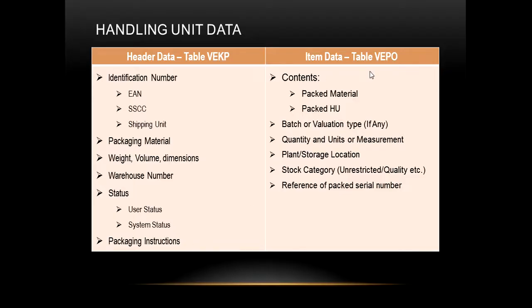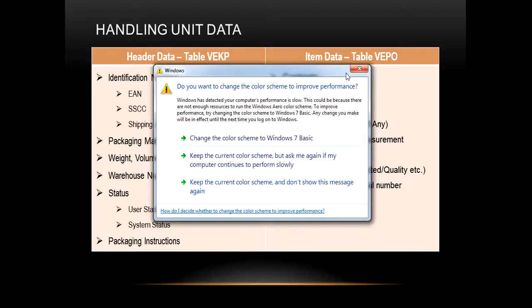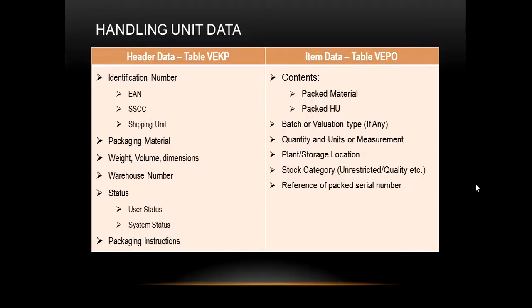Whereas item data will be captured in VEPO table wherein packed material, packed HU, batches or serial numbers if any, stock category, quantity and unit of measurements, reference of packed serial numbers. So now let us go ahead and see how this works in SAP.